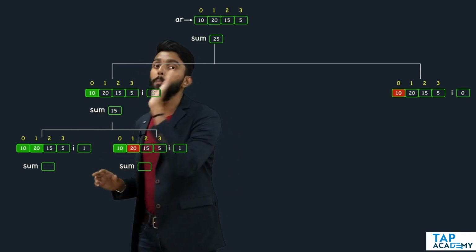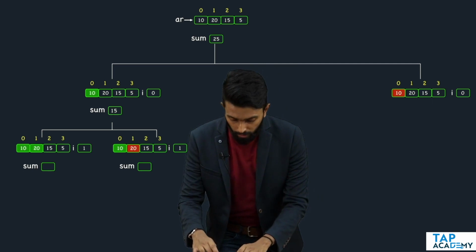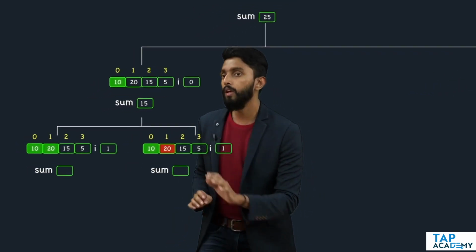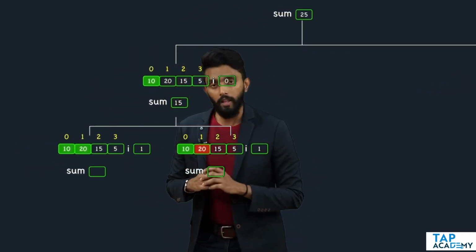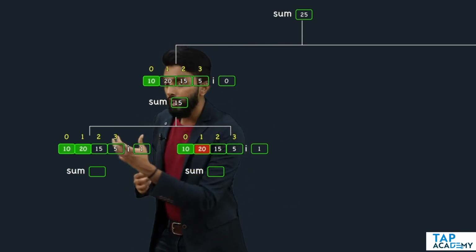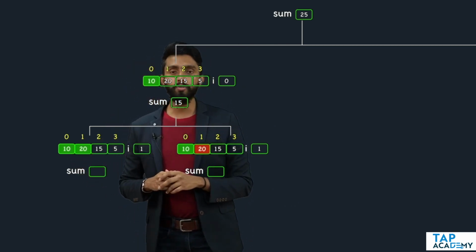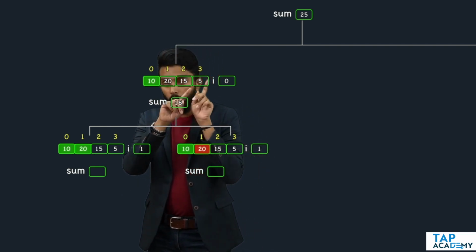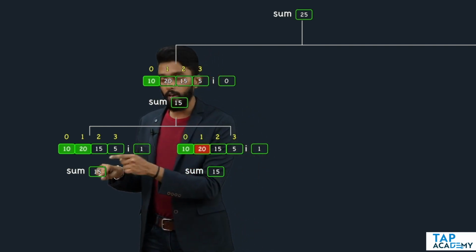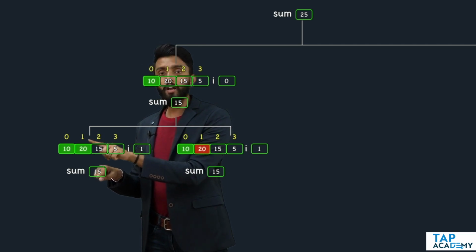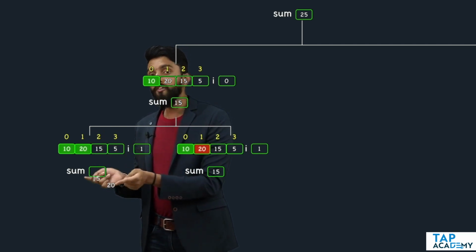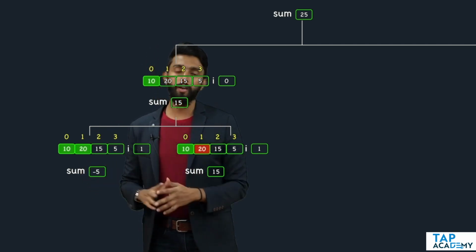Now let us assume you picked 20, friends. If you have picked 20, then according to our logic, you must subtract it from the value of sum. As of now, what was the value of sum? 15. Now if I subtract array of i, meaning 20, 15 minus 20, I will get minus 5.